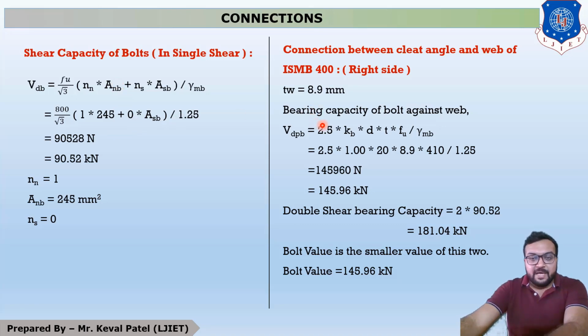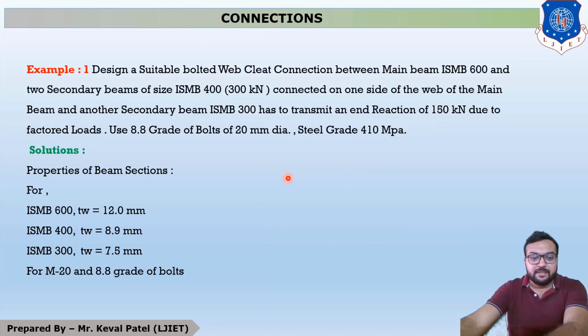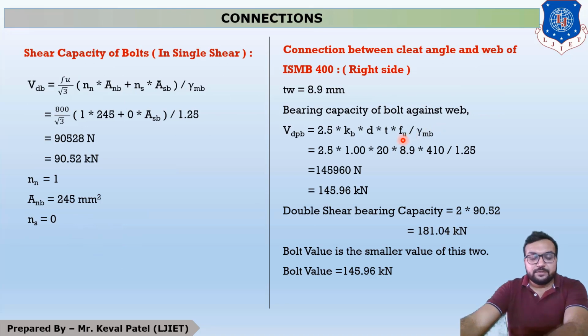For the bearing capacity of bolt, Vdpb is 2.5 into Kb d t Fu by gamma mb, in which 2.5 is constant, 1 is our Kb, d means the diameter of bolt which is 20 mm, t means thickness of ISMB 400, Fu means 410, divided by gamma mb which is 1.25.